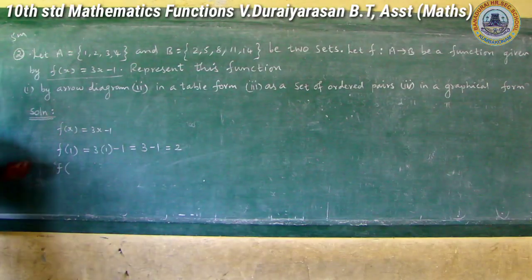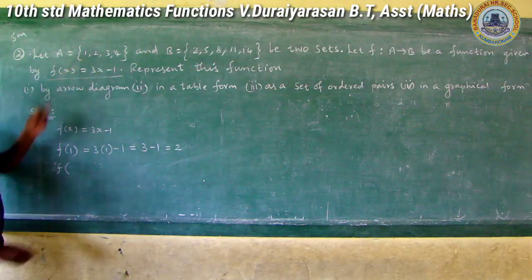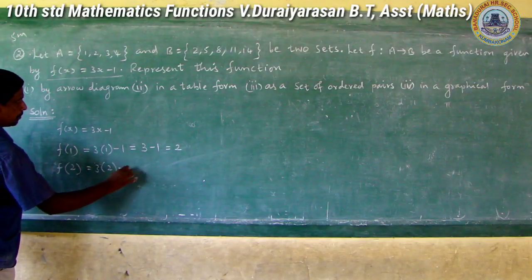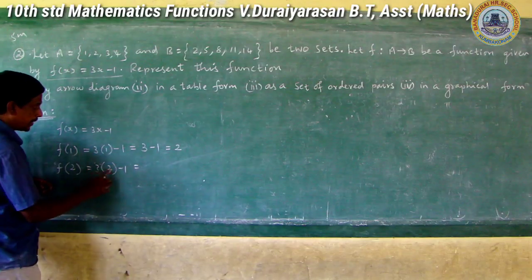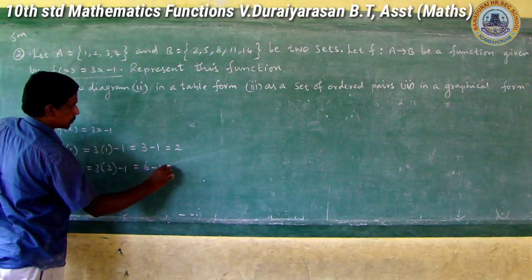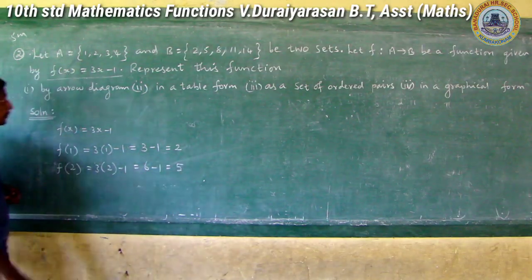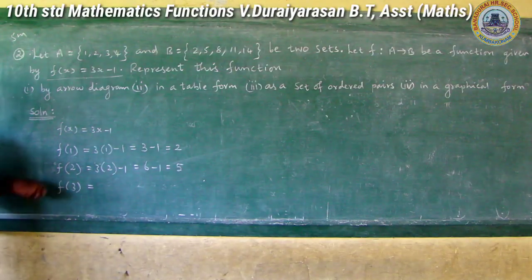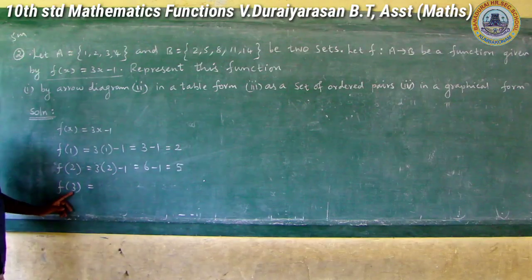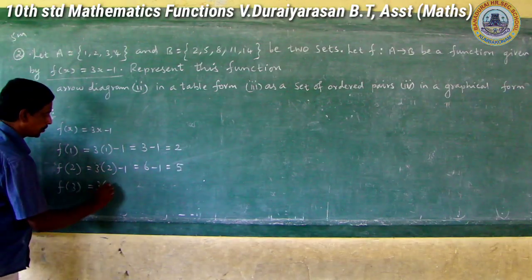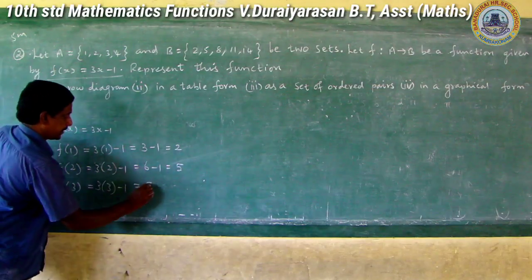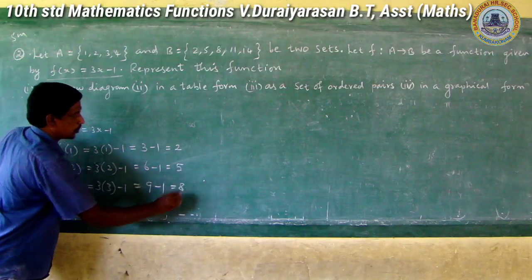Next, substitute x is equal to 2: 3 into 2 minus 1, 3 2s are 6, minus 1 is equal to 5. Next, substitute x is equal to 3: 3 into 3 minus 1, 3 3s are 9, minus 1 is equal to 8.